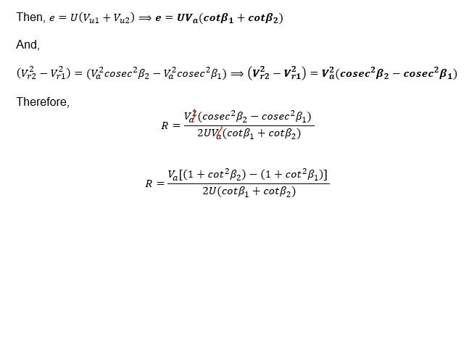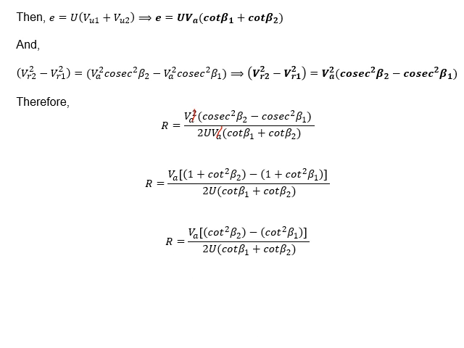Similarly, minus cosec square beta 1 can be written as 1 plus cot square beta 1. And the denominator is 2 into U (cot beta 1 plus cot beta 2).